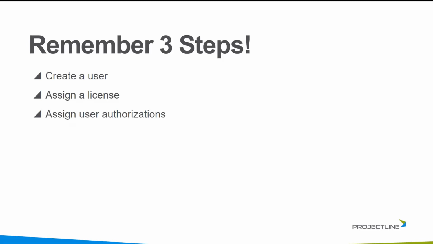So one of the things I'll mention, Jaylene, for the people in attendance, if you buy a new SAP license from Project Line, we'll usually do the installation of the license key for you as part of the purchase of the new license, and even assign the license while we're putting the license key in.